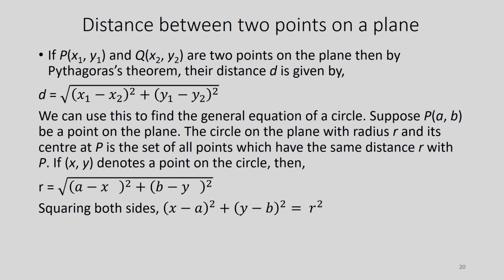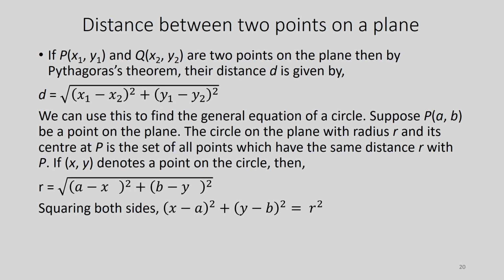And then we talked about how we can represent the distance between 2 points on a plane. If these 2 points are P and Q with the coordinates x 1, y 1 and x 2, y 2, then the distance d is given by root over x 1 minus x 2 whole square plus y 1 minus y 2 whole square.